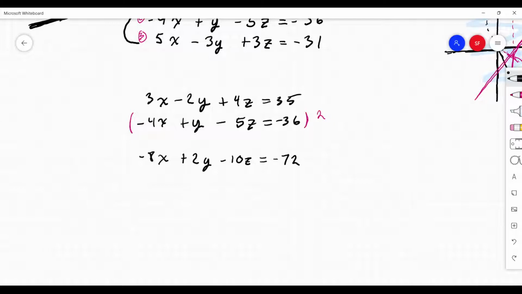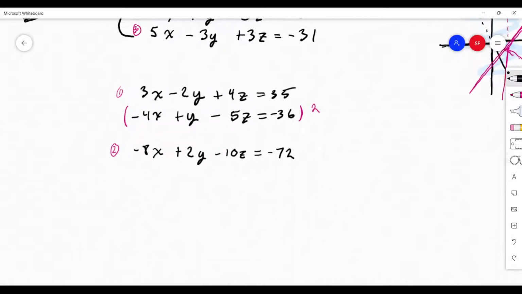All right, so this one corresponds, of course, to equation number 2, right? I'm going to rewrite equation number 1 right below it for clarity's sake, right? So I'm going to rewrite 3x minus 2y plus 4z equals 35.